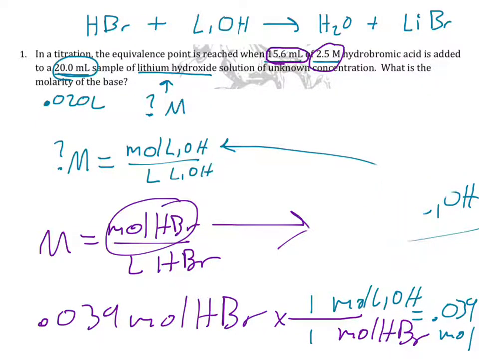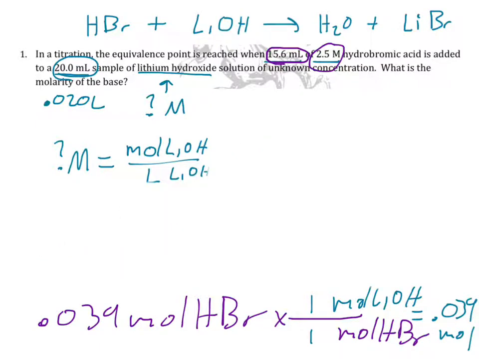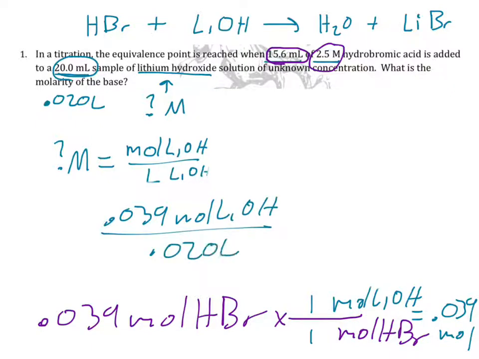Now again, once we figure out the moles, we can easily plug it into the molarity equation, where we have 0.039 moles of lithium hydroxide. We divide it by the 0.020 liters of lithium hydroxide, and this will give us the concentration of lithium hydroxide, which is a 1.95 molar solution of lithium hydroxide. And that is our answer.